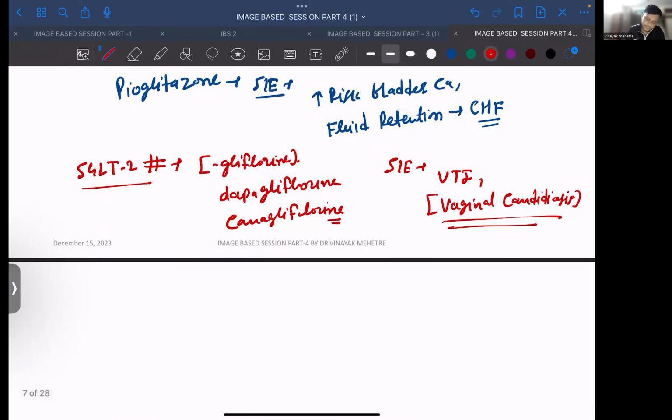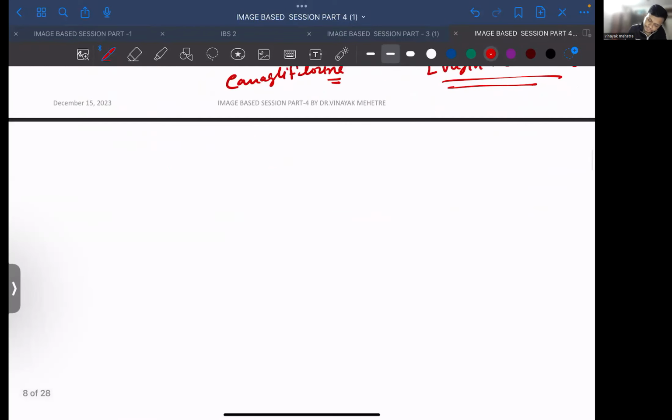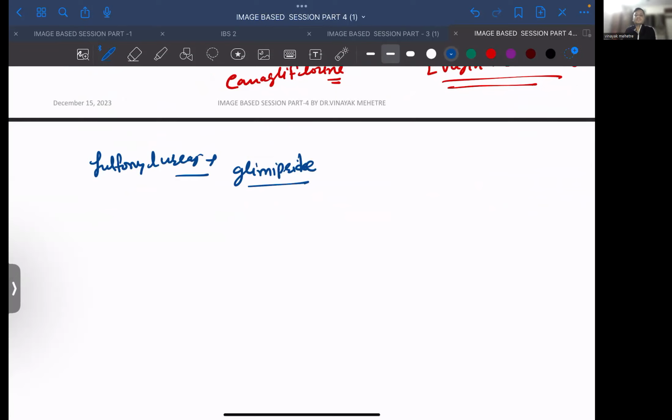Okay, then comes sulfonylureas. कौन से होते हैं? ग्लिमीप्राइड सुना है? ग्लिमीप्राइड. साइड इफेक्ट, anyone, what are the side effects?